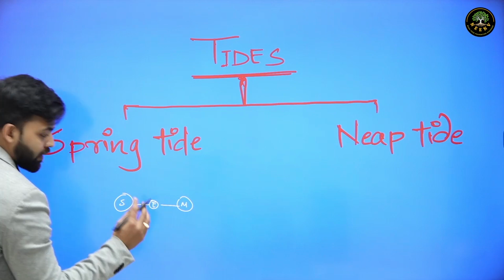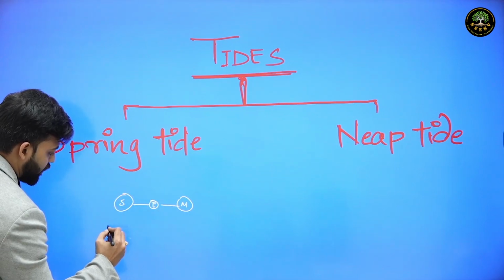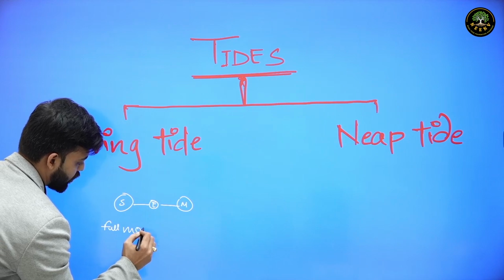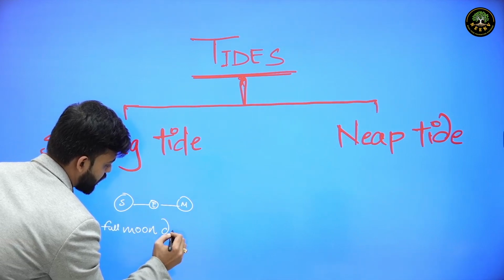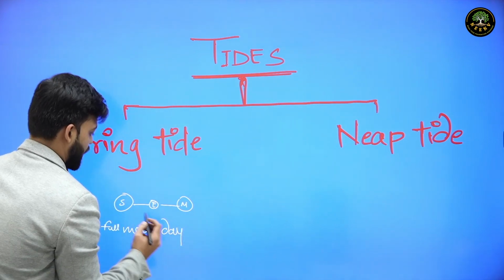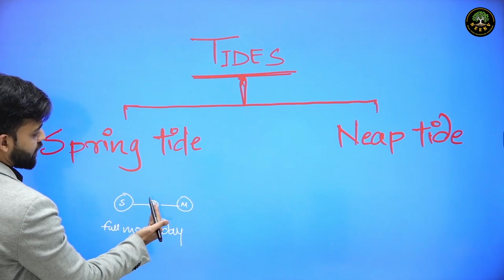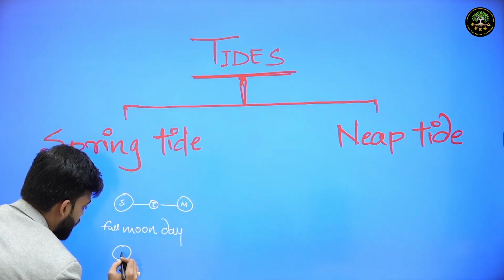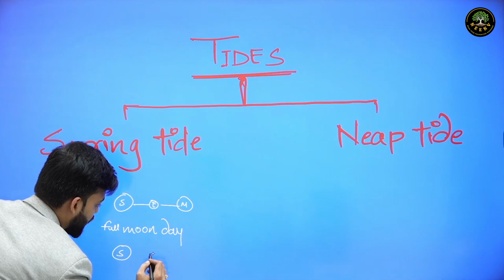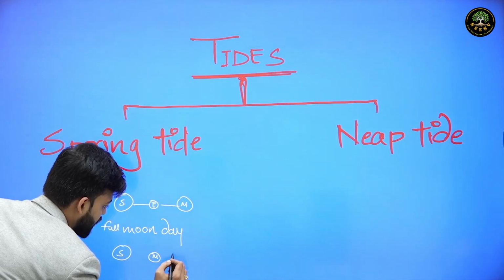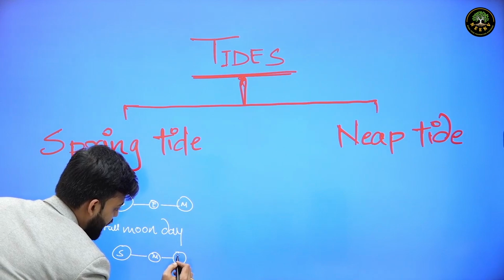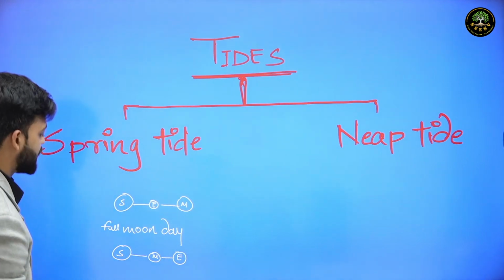This happens in two conditions: during full moon day, when this is the position, earth is in between moon and sun, and also during new moon day, when moon is in between earth and sun.